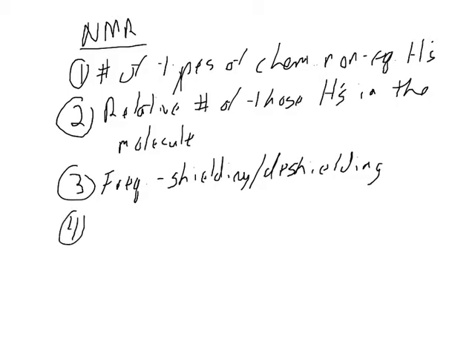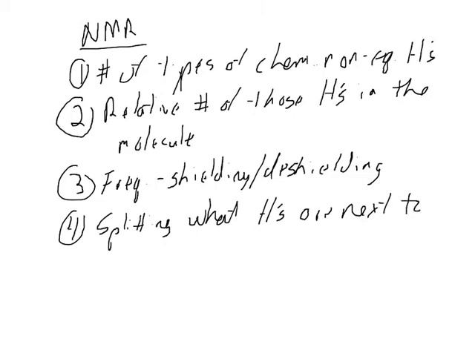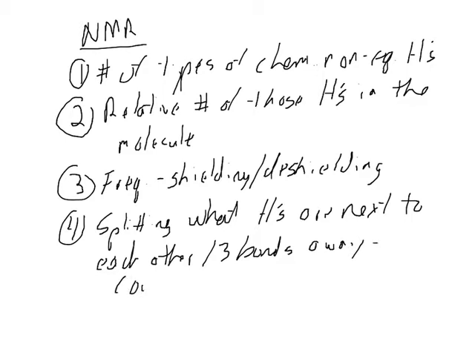And finally, the fourth thing it gives us is something about splitting, which helps us understand what hydrogens are next to each other. Usually 3 bonds away. And we see this with coupling constants.